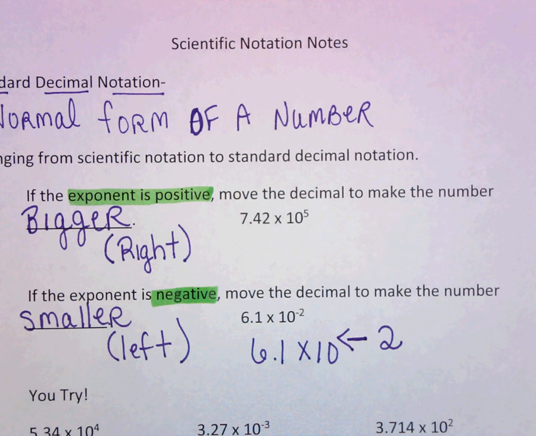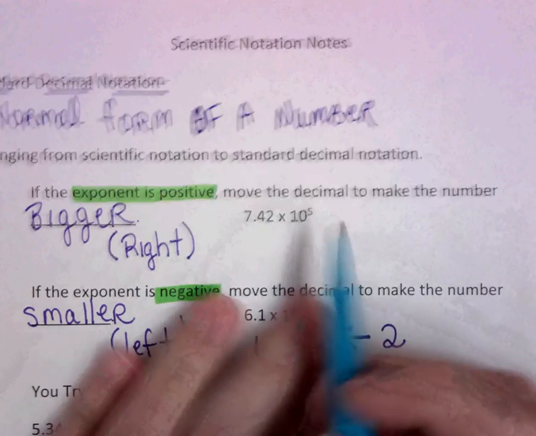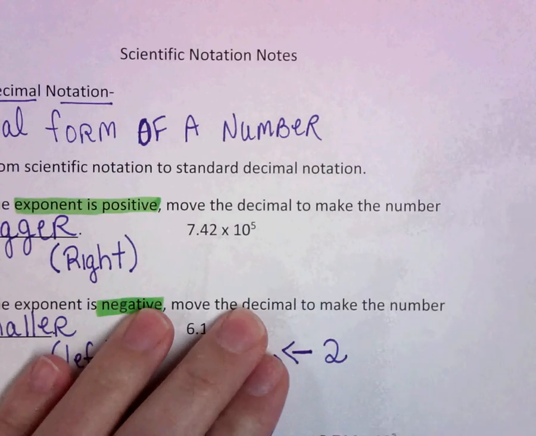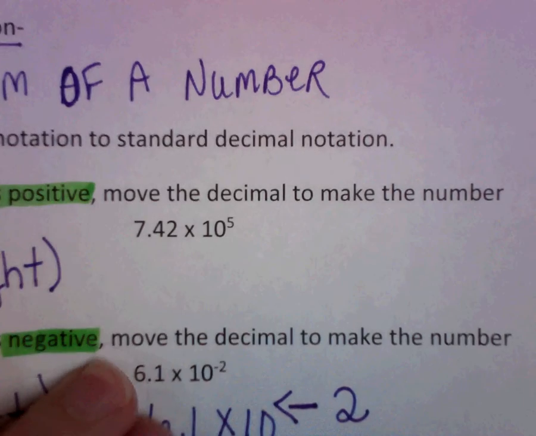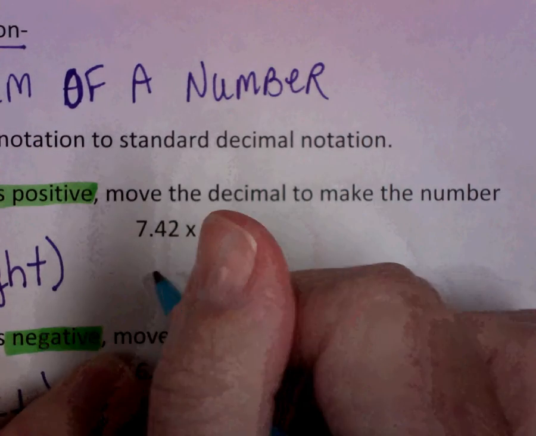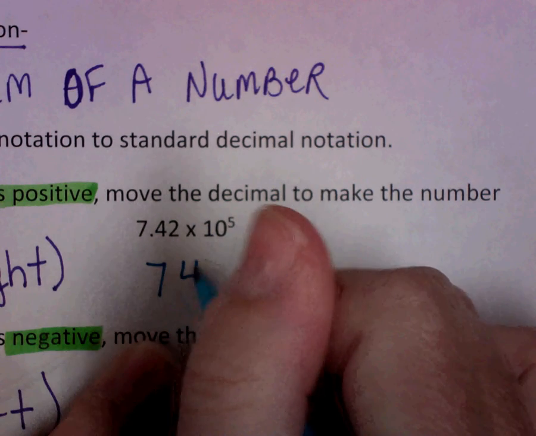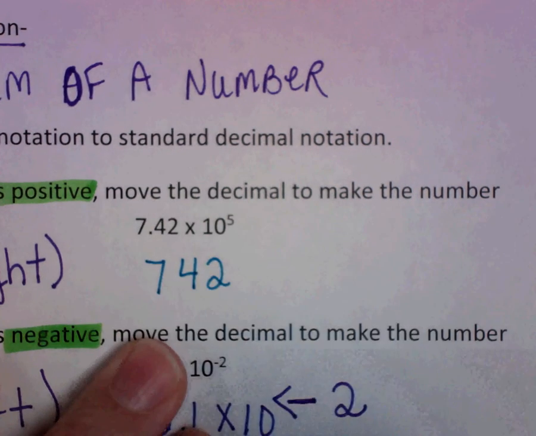So let's look at these two examples before we do the you try ones. 7.42 times 10 to the 5th power. Basically, all we have to do here is write down 742.